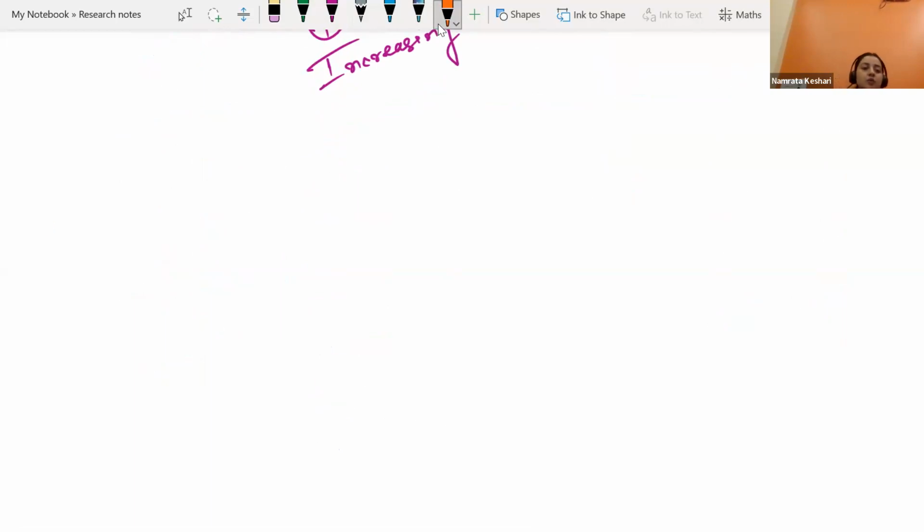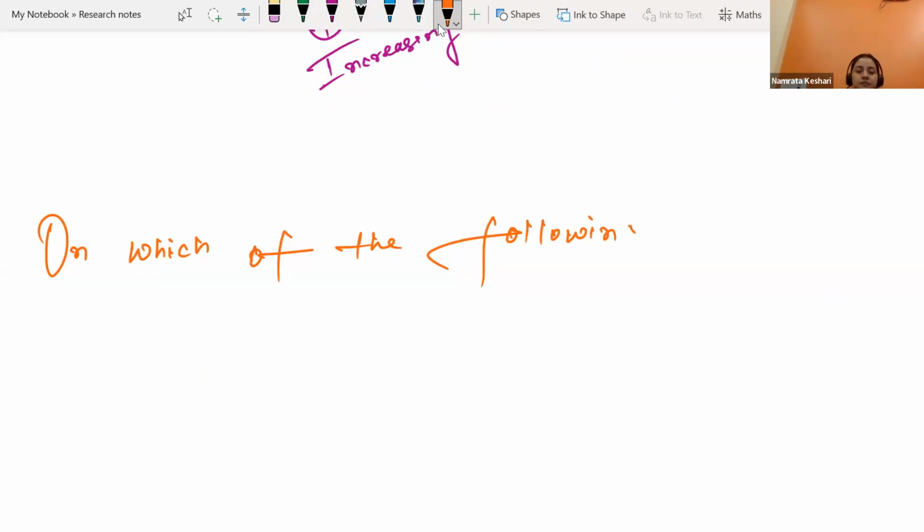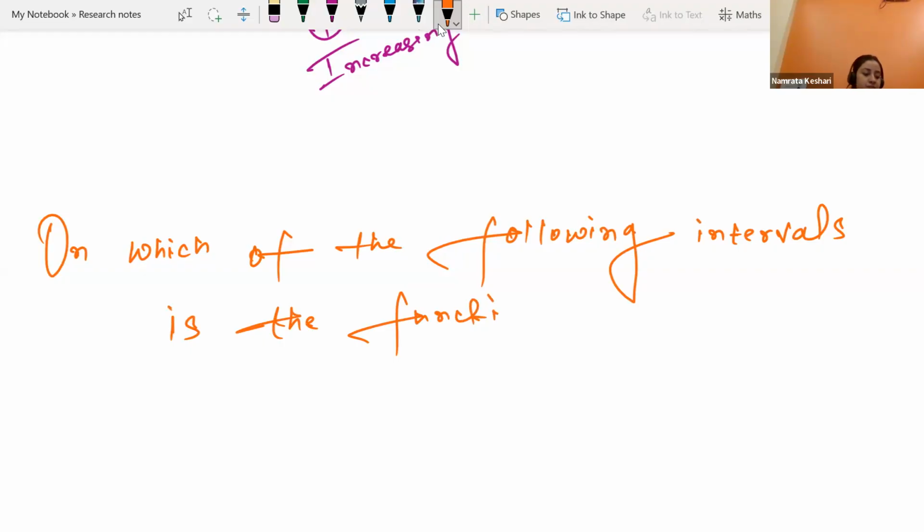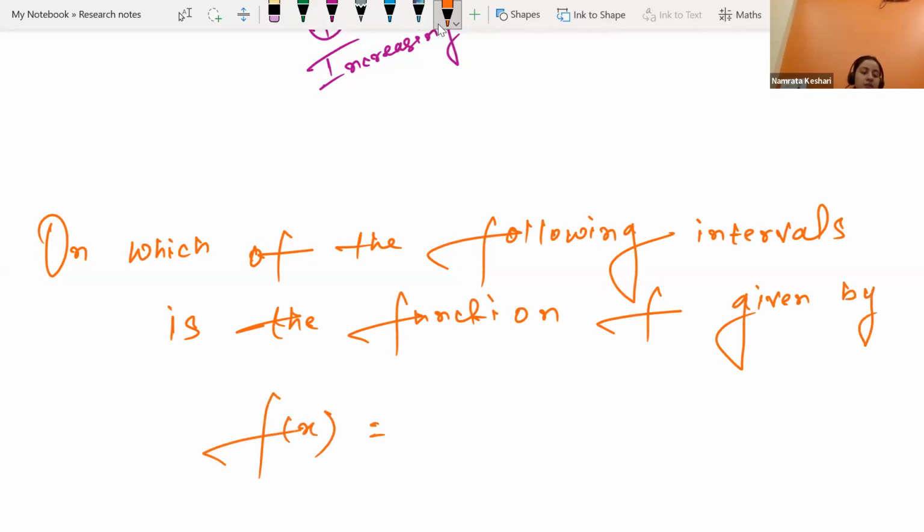Now the question is like this: for which of the following intervals is the function f given by f of x is equal to x to the power 100 plus sin x minus 1 decreasing?